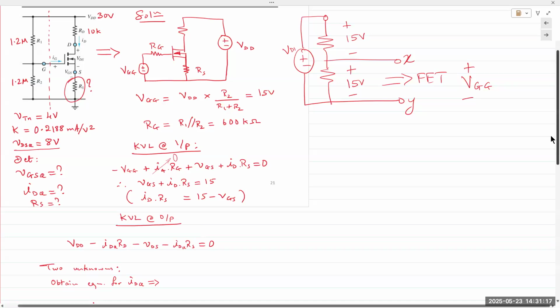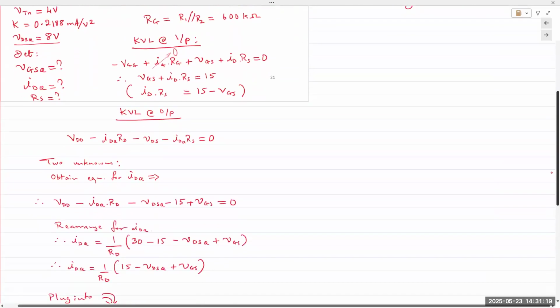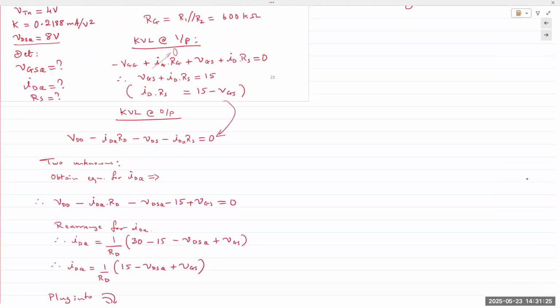Now what we want is to obtain an expression or equation for IDQ. So we can take this and plug it into here, and when we do that, we obtain this.